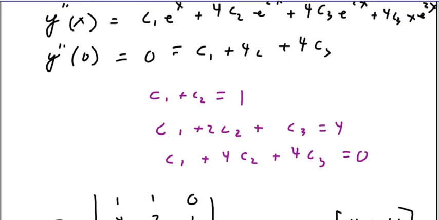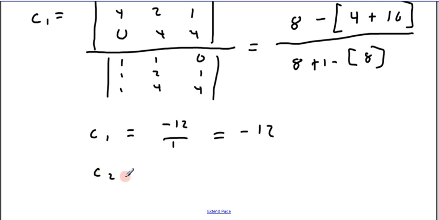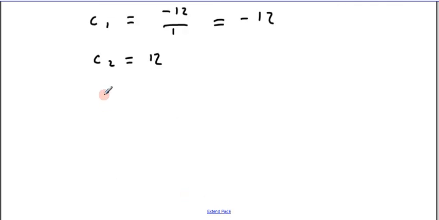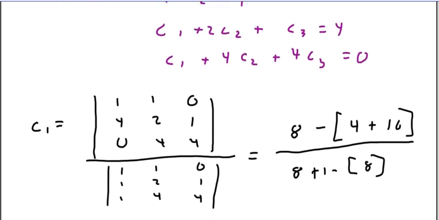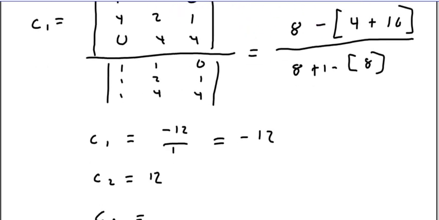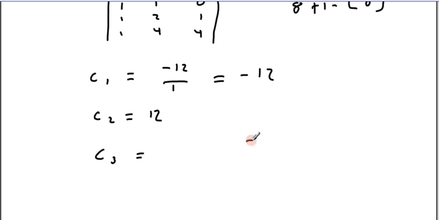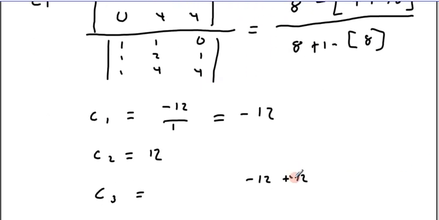Well, if c1 is minus 12, then c2 had better be plus 12. And if that's the case, then c3 had better be what? Well, let's think.